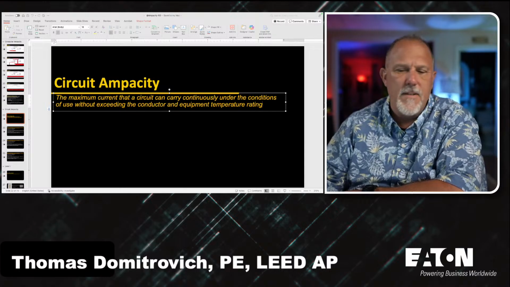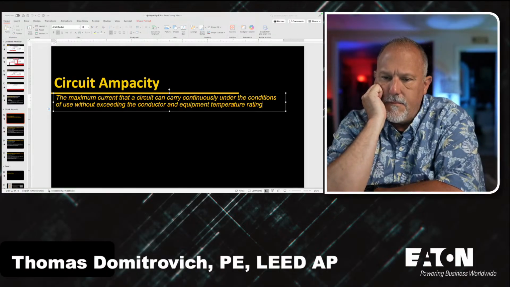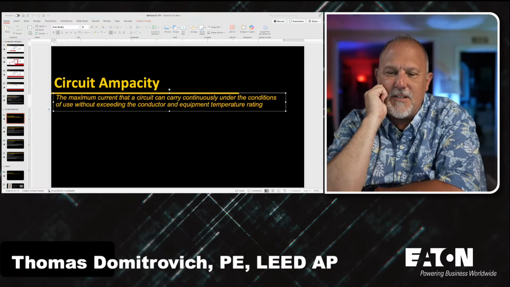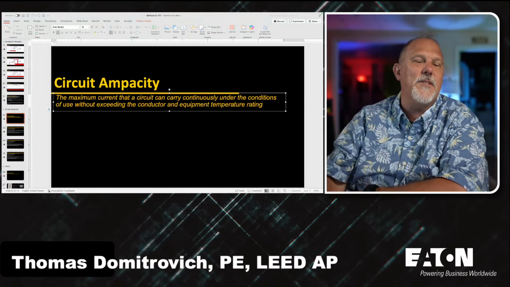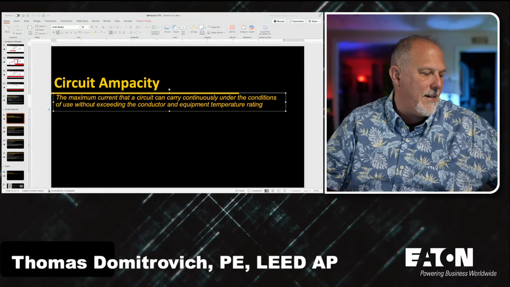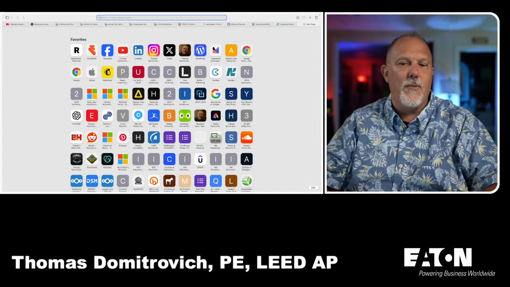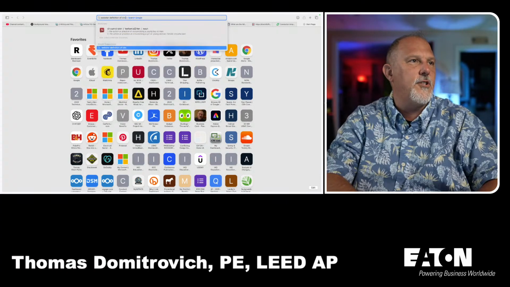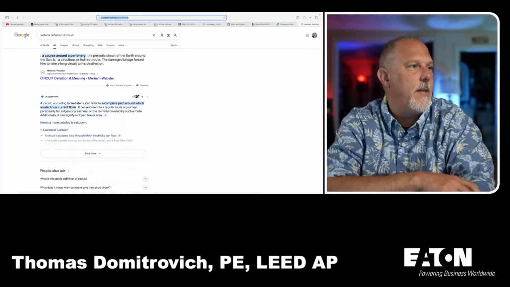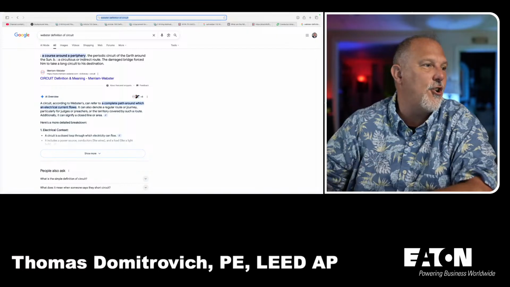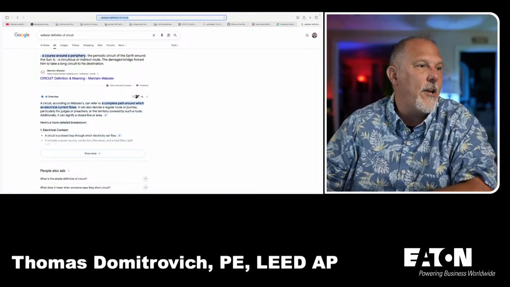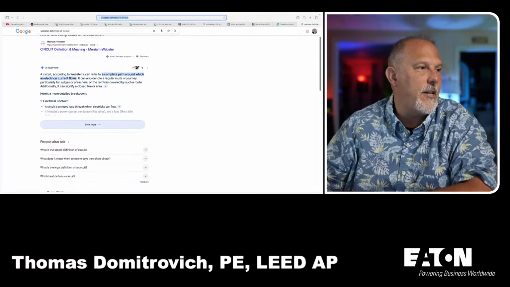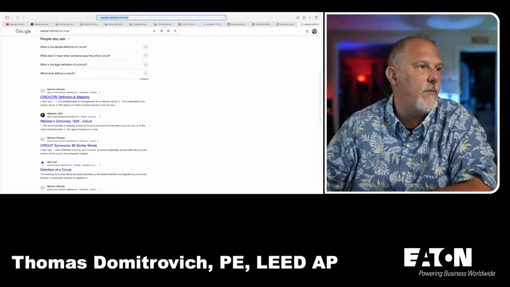I'm not sure I'm buying that one. Yeah, David, you're supposed to go to Webster's. Let's see what Webster says. Webster definition of circuit. A circuit, according to Webster's, can refer to a complete path around which an electric current flows, or the regular route of a journey.